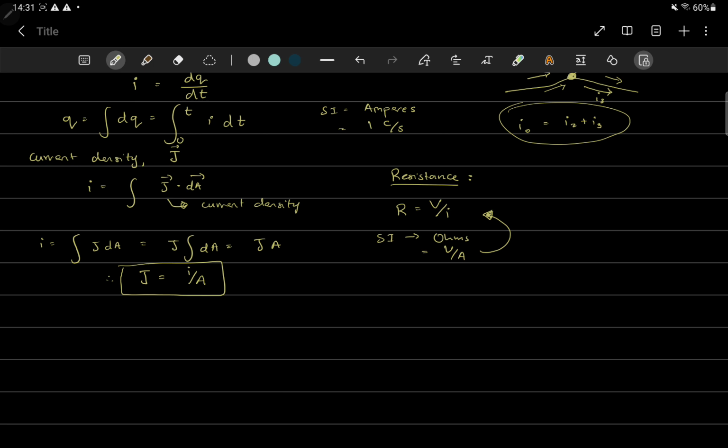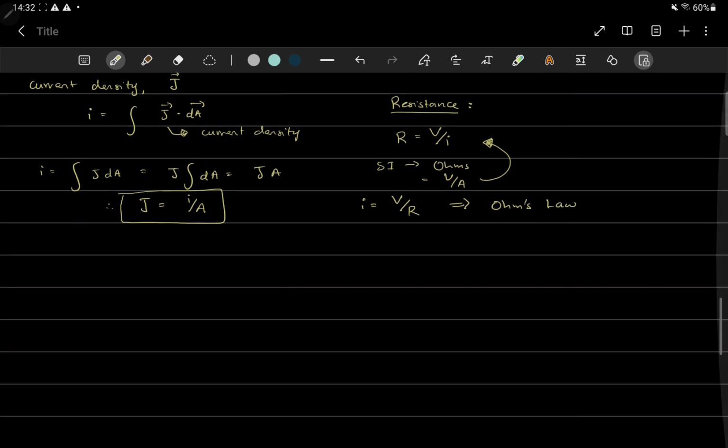And we can also write the current definition using this relationship, which we can write as I equals V by R, which is essentially saying the same thing. And this relationship is actually called Ohm's law.